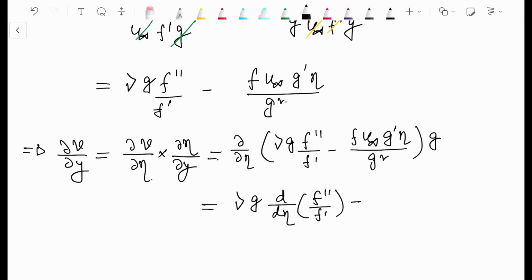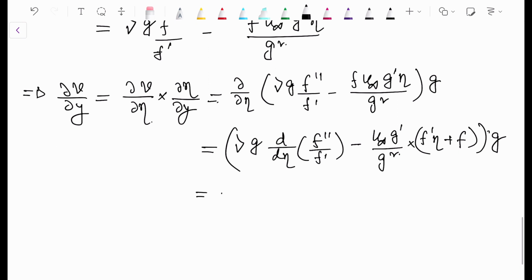Minus, now f and eta are both functions of eta, so u infinity g dash by g square is a constant, and into f dash into eta plus f into eta dash, that is 1, and the whole into g.